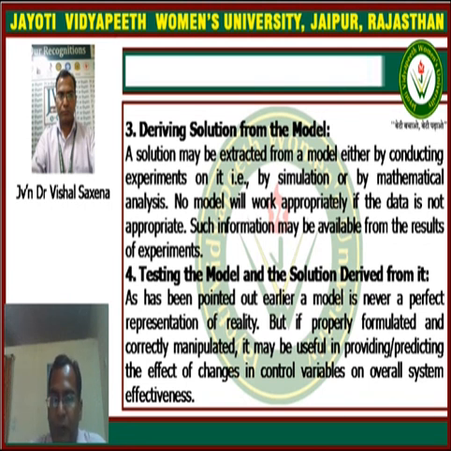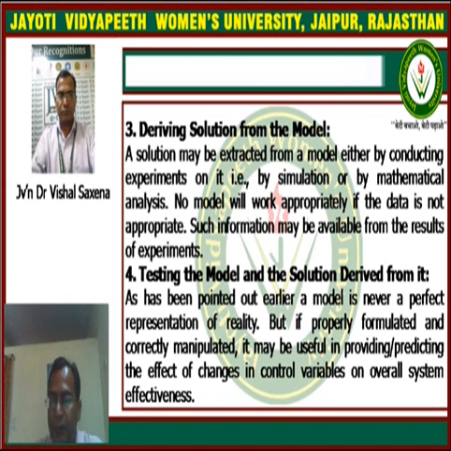The fourth point of the methodology is testing the model and the solution derived from it. Now in this step we will test the model and the solution derived from it. As has been pointed out earlier, a model is never a perfect representation of reality.